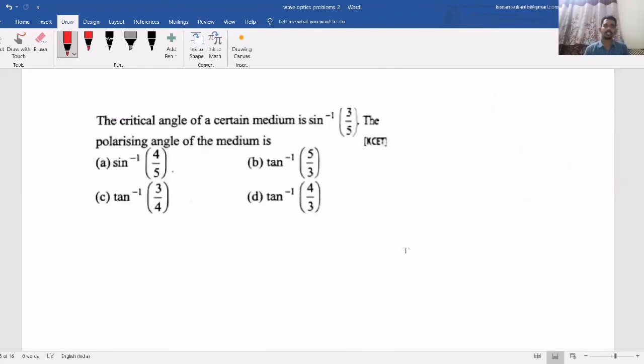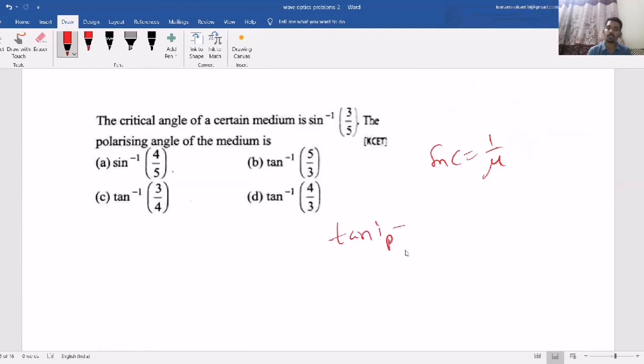Now one more question. The critical angle of a certain medium is given. So they have given the critical angle. The critical angle of a medium means sin c equal to 1 by mu. So here sin c equal to 1 by mu, and they ask for the polarizing angle of the medium. So that means they are asking tan IP.